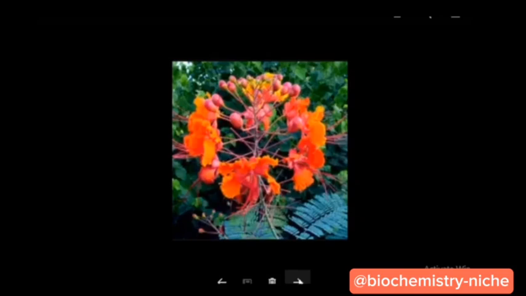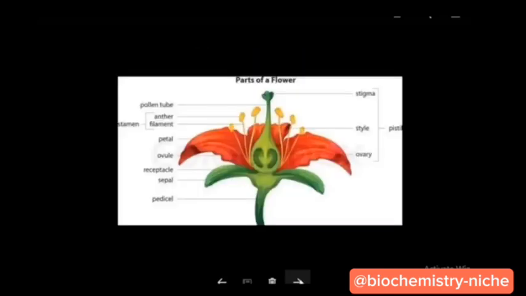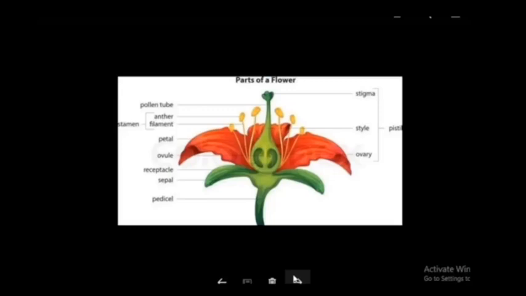So let's see other pictures. You can see these are other pictures of the pride of Barbados. This is a labeled diagram of the flower of the pride of Barbados. When it is cut longitudinally, this is how it will look. Here we have the anther on the stamen.